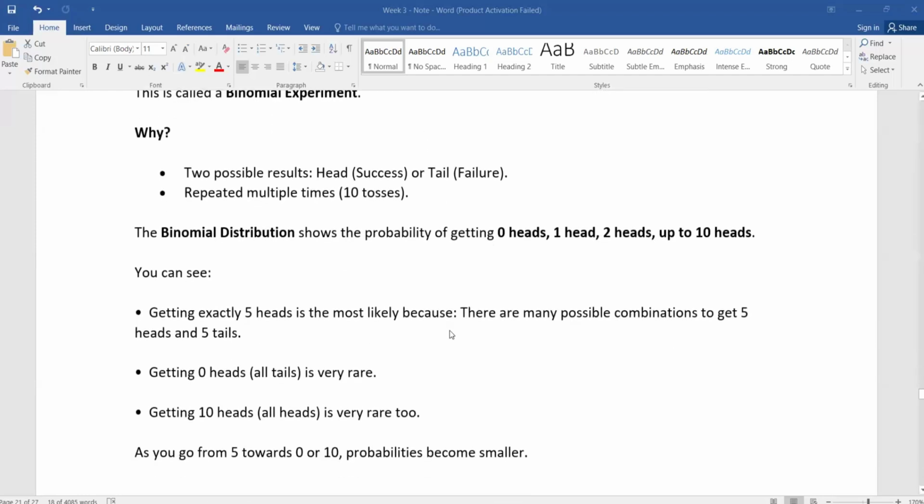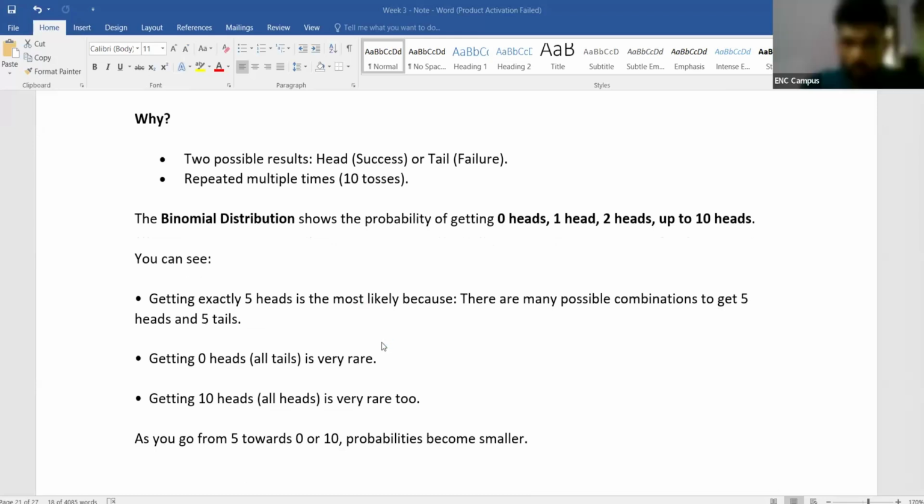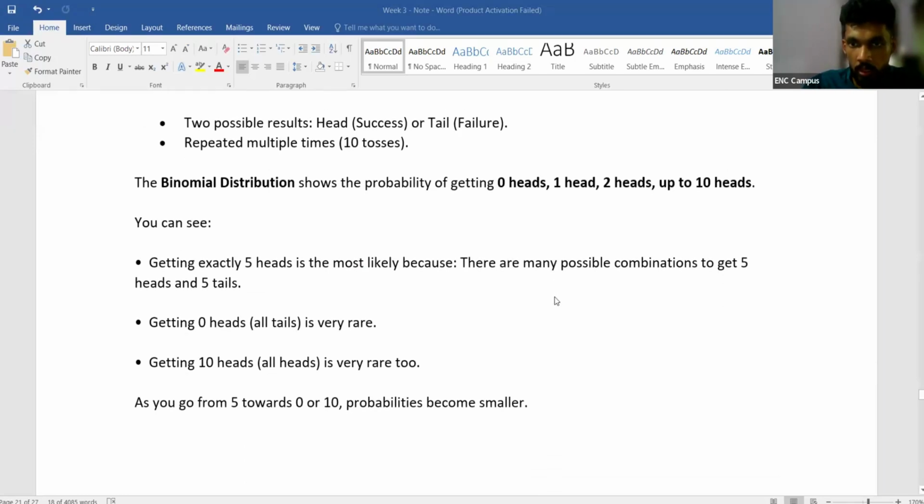You see, getting exactly 5 heads is the most likely, because there are only two possibilities, head or tail. If you toss it 10 times, most probably you will get 5 heads or 5 tails, right? There are many possible combinations to get 5 heads and 5 tails.